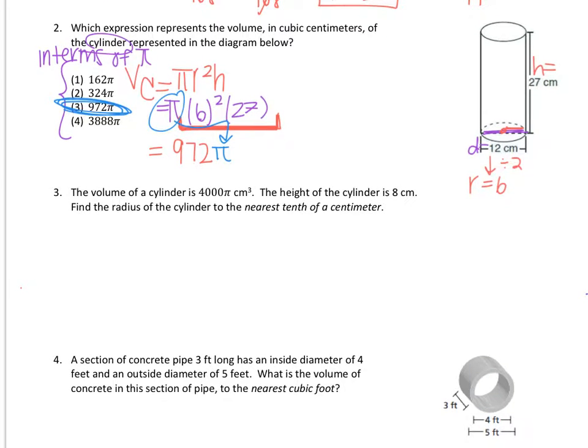Example 3 gives us a cylinder again, where they tell us that the volume is equal to 4,000 pi. You can ignore the units essentially. We're never going to write our answer with units, and that might freak some of you out. It might even freak some teachers out, but the Regents exam in New York State does not require you to write the units, because if you write the wrong units, we have to take off points.